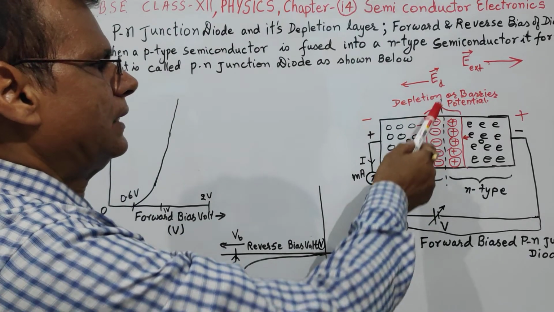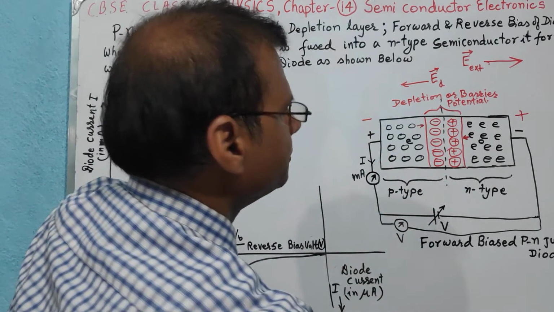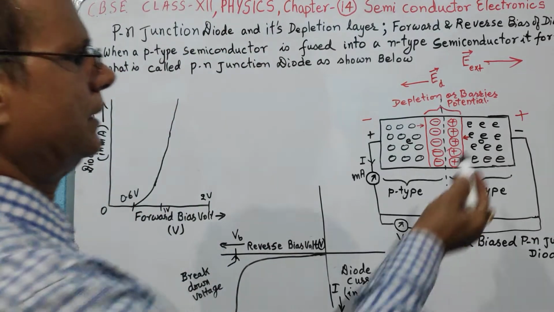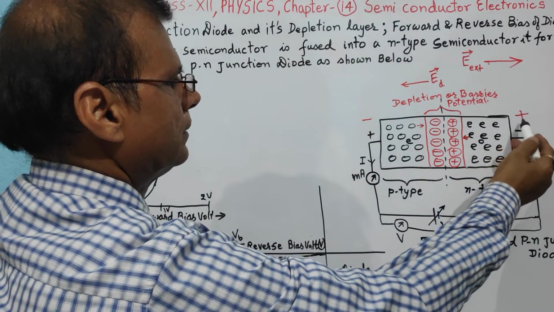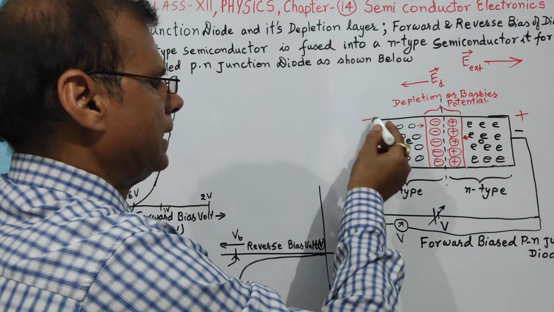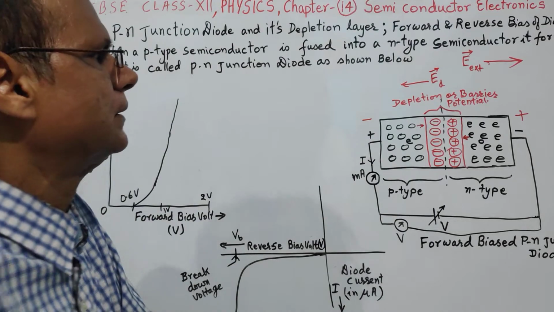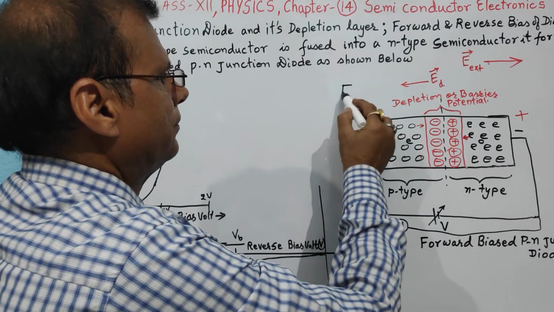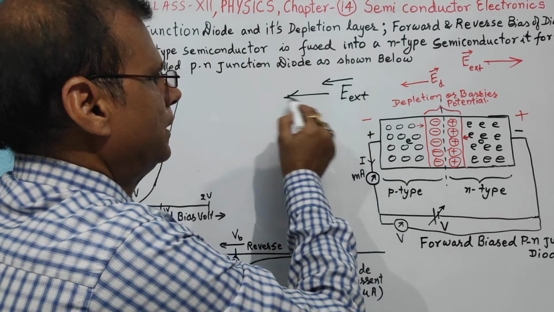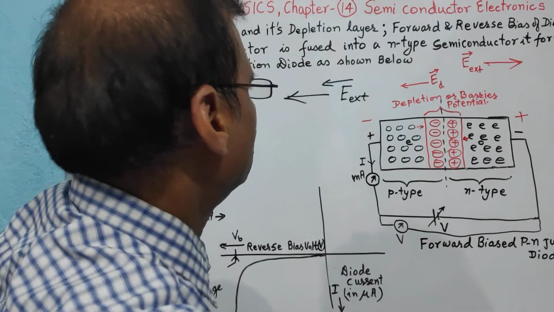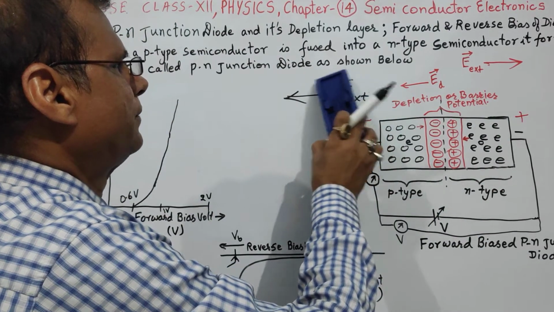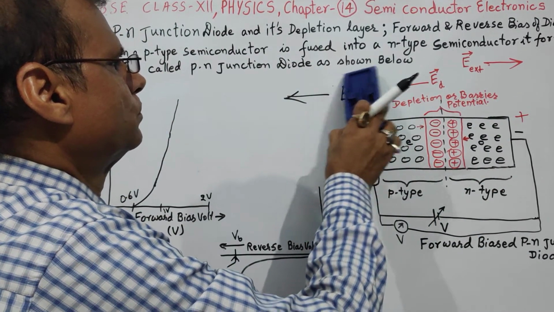Now both are in the same sense, because in this new situation of biasing, N type is connected to the positive terminal and P type is connected to the negative terminal, so the direction of the external electric field will be along the direction of the depletion layer electric field due to the depletion voltage.